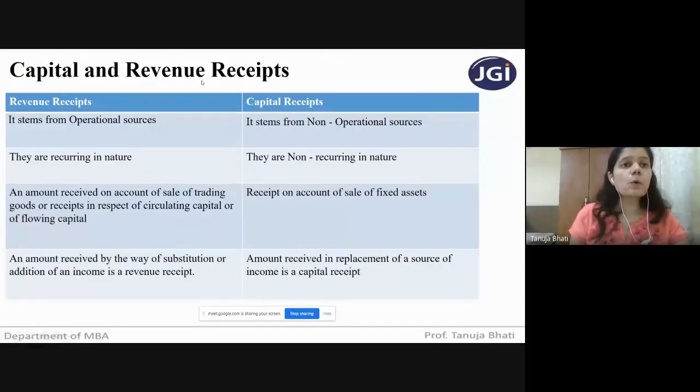Remember, revenue receipts are always related to the operations of your business. Receipts are nothing but inflow, and inflow is nothing but income.